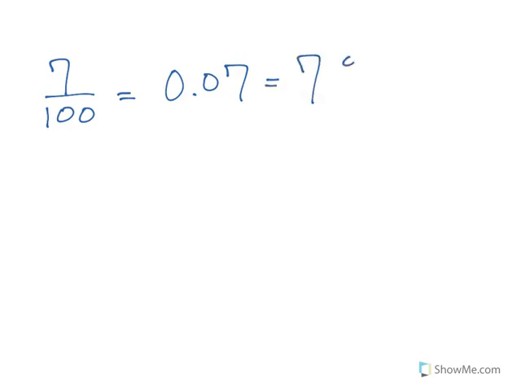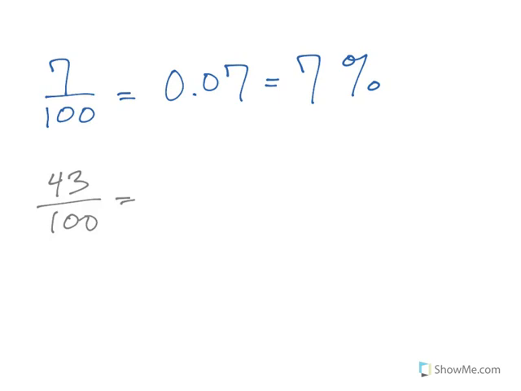Well, not very often. So let's just think this through. If I have, let's just stick with 7 over 100, as a decimal, that's 0.07. And as a percent, that's 7%, as I just mentioned. Okay, great. What if I have 43 over 100?